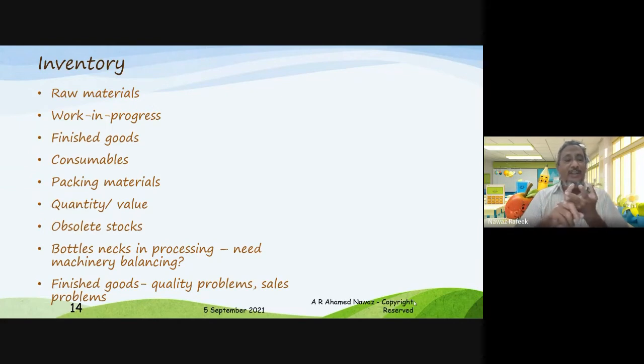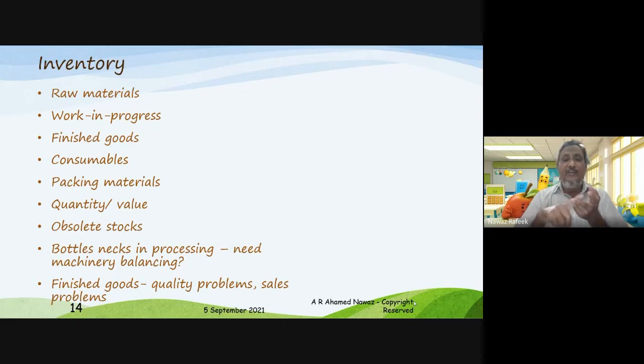The third important factor is to identify obsolete stocks. You have to take the date of purchase of the stocks. In the stock list, the customer has to mention the date of purchase.